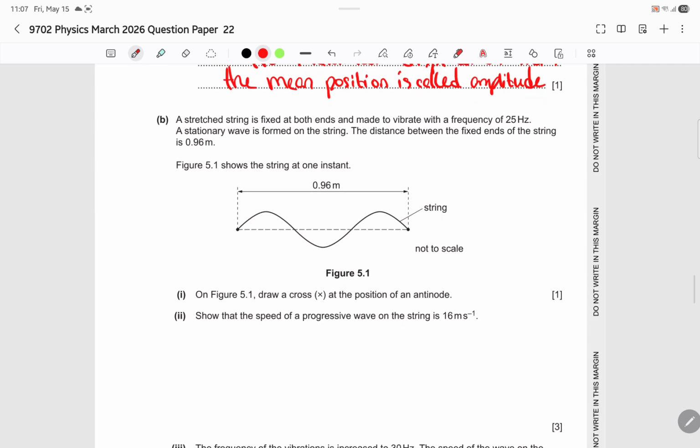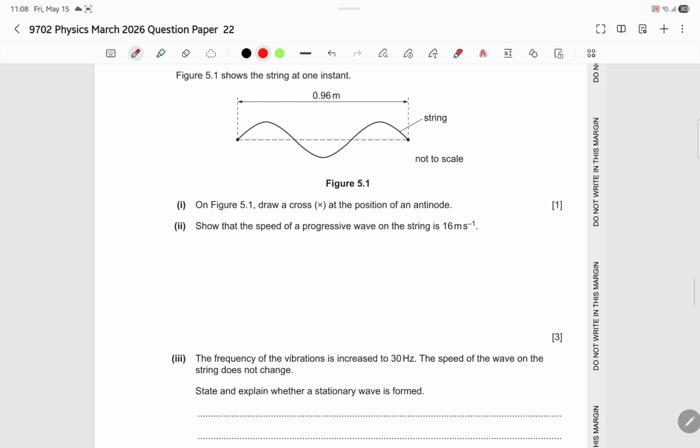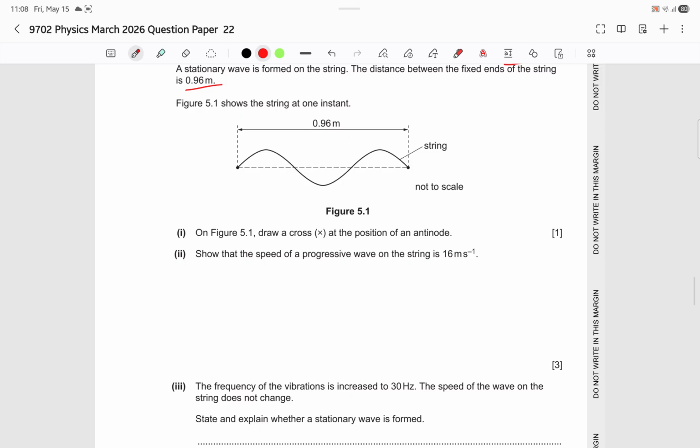Now, a stretched string is fixed at both ends and is made to vibrate with frequency 25 Hz. The stationary wave is formed on the string. The distance between the fixed ends of the string is 0.96 meters. So this is given here. On figure 5.1, draw a cross at the position of the antinode. Antinode is the maximum displacement.